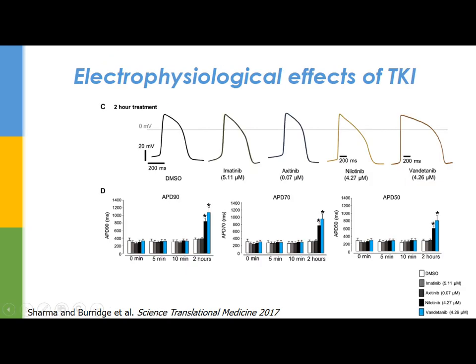When they assessed the electrophysiological effects of tyrosine kinase inhibitors, you can note that both nilotinib and vandetanib cause action potential duration prolongation. As I noted earlier, this reflects the QT interval in the ECG. But Gleevec or other tyrosine kinase inhibitors did not prolong the action potential duration.